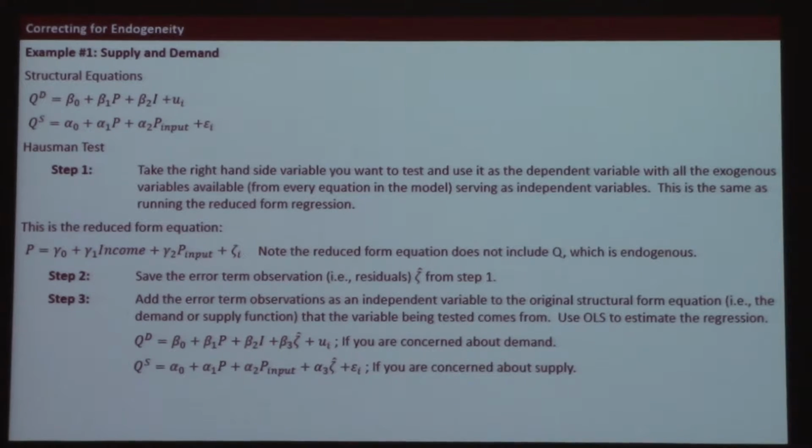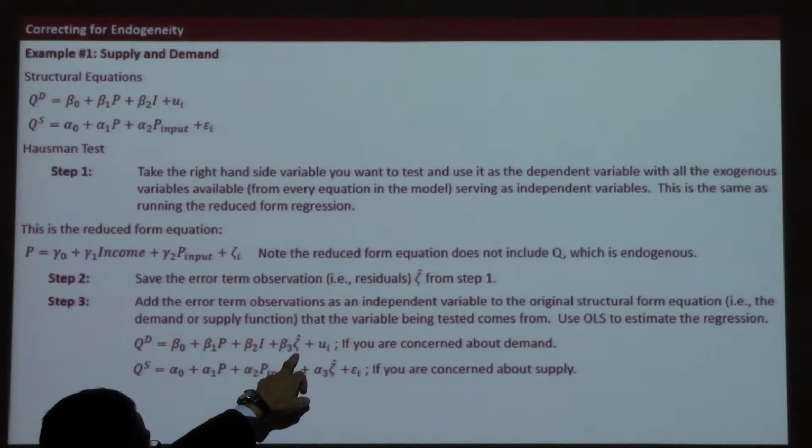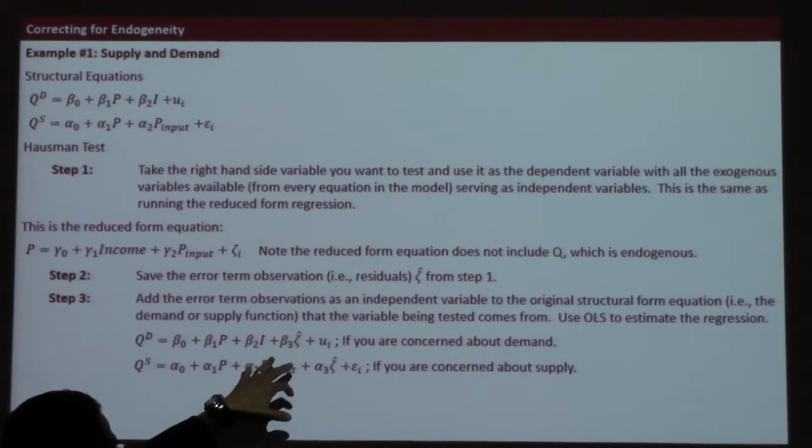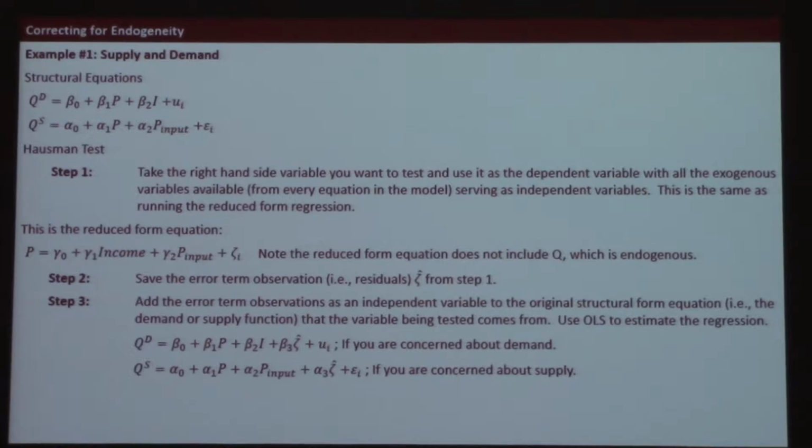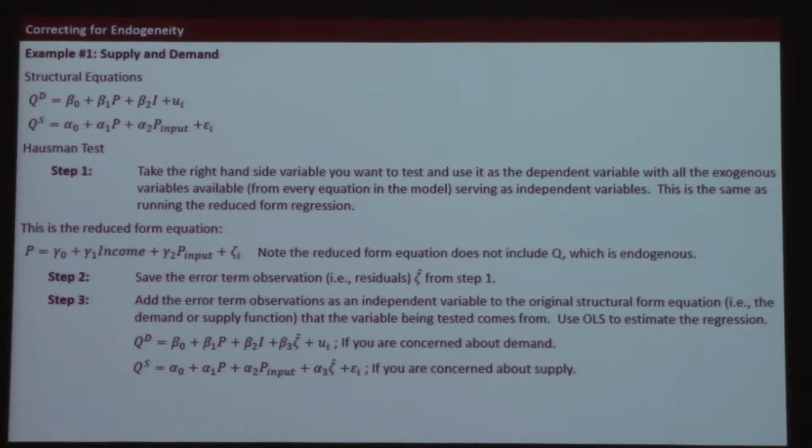The error term contains no information valuable to us. When we put that error in there, if it's statistically different from 0, that means there's some information contained in that error when there shouldn't be. So that error term doesn't satisfy our conditions for a valid error term. So that's our measure of endogeneity. That's the logic behind the Hausman test.